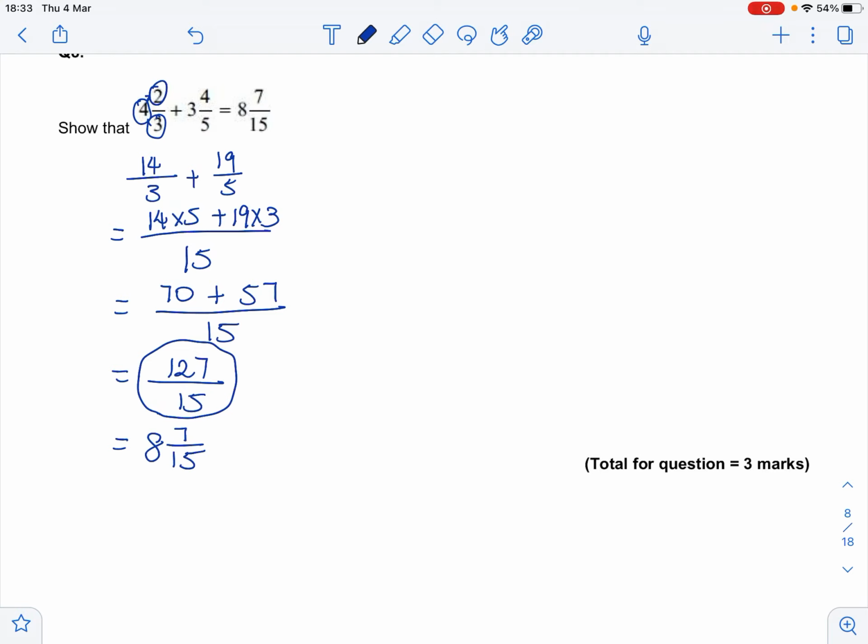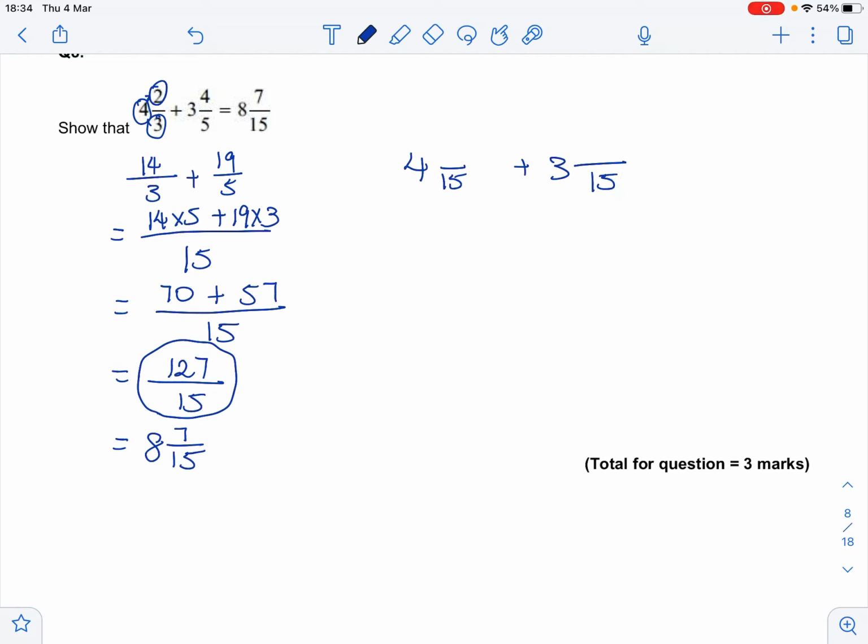Another method is that you could just add the numbers. So instead of converting them into improper fractions, you're just going to convert the fractions only. Again, the common denominator is 15.